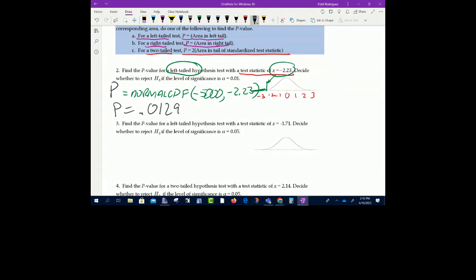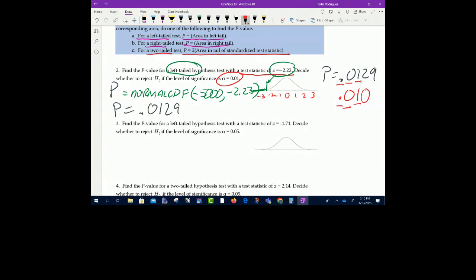0.0129. Now, just like we did before, 0.0129. Our alpha here is 0.01. Now, let's do a little stare and compare. We got our point. We got our 0. Oh, look, we got our 1. Now, I don't see the number here. What would the number to the right of this be? A 0.